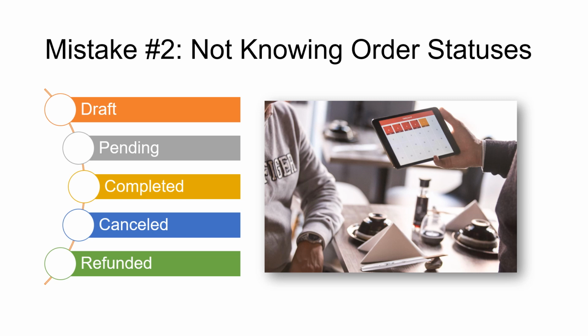And if you're not careful, you could actually start taking your orders and then not delivering your products correctly if you're not sure what the order statuses are. So there are a few different statuses. Draft is a way for you to add a product and not really publish it. So people won't be able to buy it on your website while it's in draft.